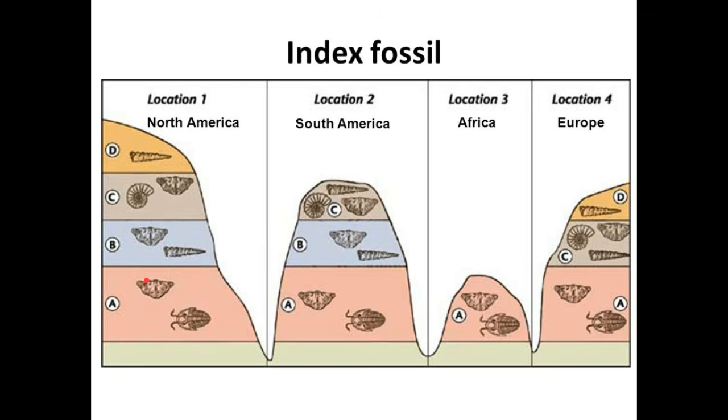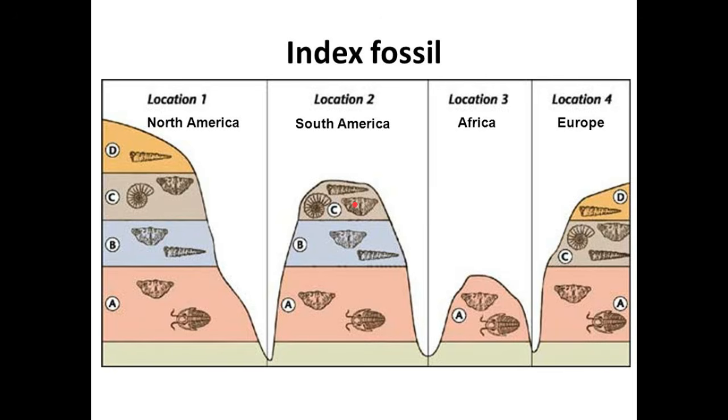But this fossil right here, which looks kind of like an ammonite, tells us that this rock layer in another location, in this case South America, gives us the relative age of these fossils here. So even though these two aren't great index fossils, we could determine their relative age because of this index fossil right here. So if this is approximately 65 million years old, then these fossils here are approximately 65 million years old, as well as the rock layers.